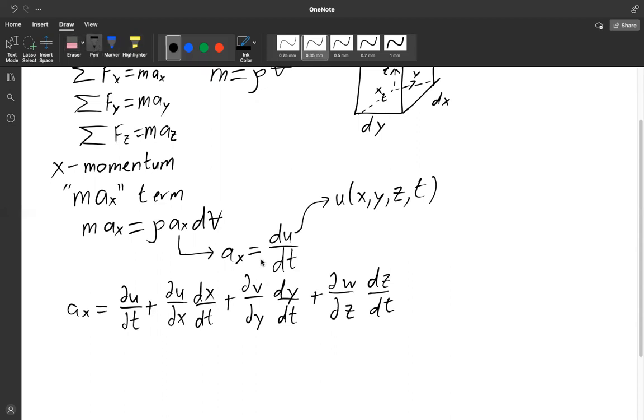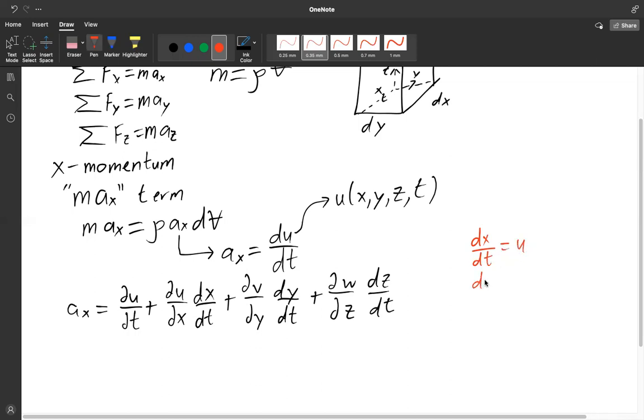For dy dt, it's v, and dz dt is w. So we can write that over here: dx dt equals u, dy dt equals v, dz dt equals w.